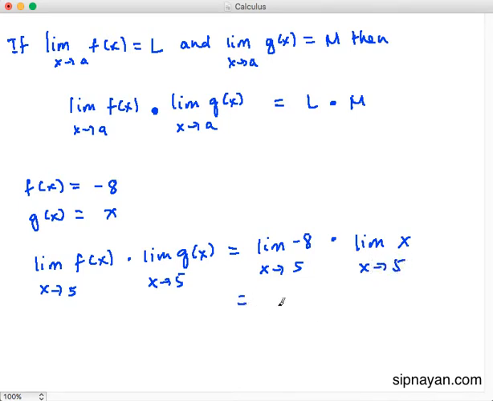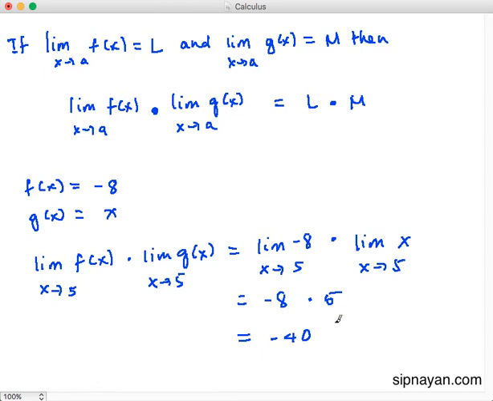So this is a constant, and the limit of the constant is equal to the constant, so that's negative 8. And here the limit of the identity function, whatever the value here, is also the limit, so maging 5. And sabi ng theorem na to, we can multiply this, so negative 8 times 5 is negative 40. No?